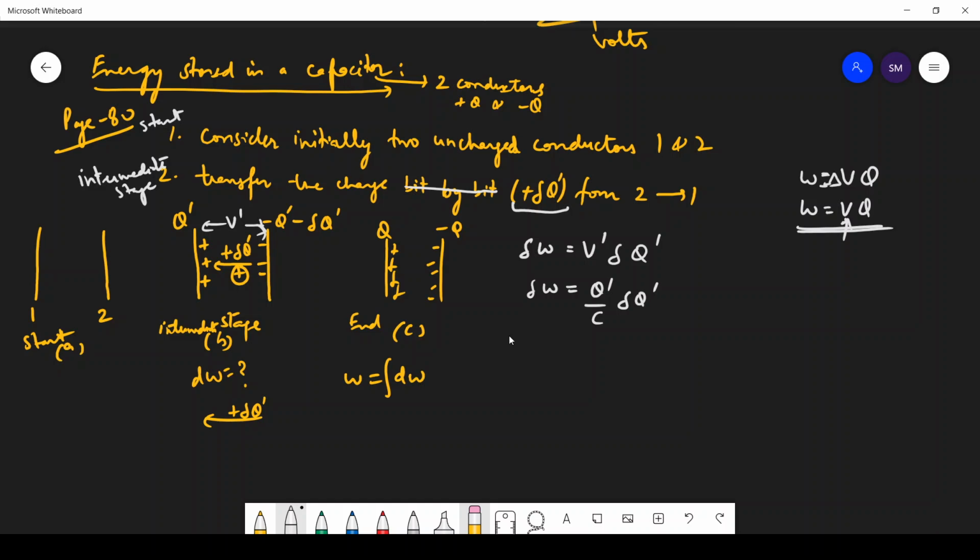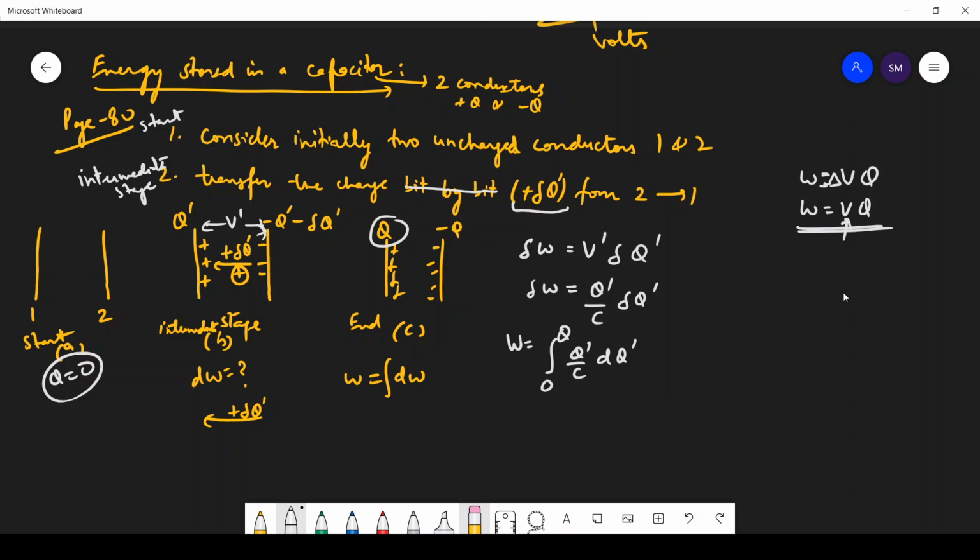Now the total work done will be found by integrating both sides. This side I am integrating, I get the total work done. What about this side? The work done when Q was 0, and the work done till the charge is Q. So 0 to Q. And this is Q dash upon C, and this delta I can write as dQ.